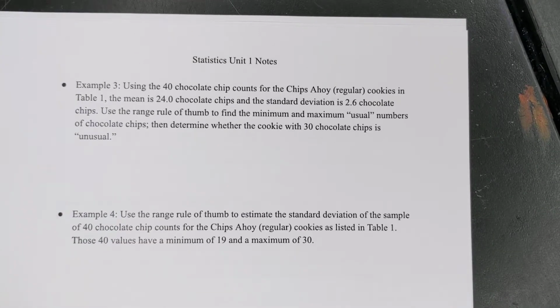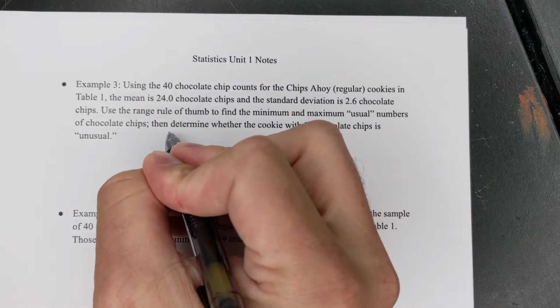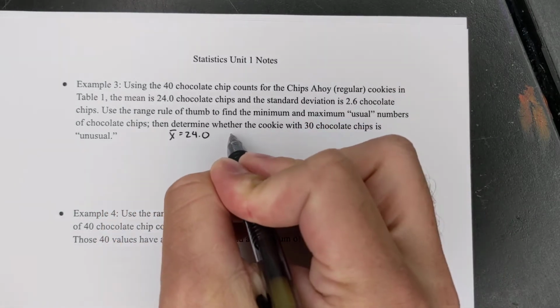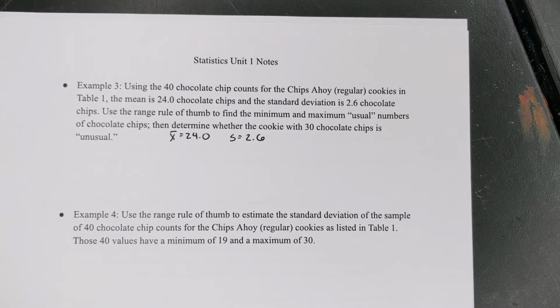Okay, so we got a couple examples. It says using the 40 chocolate chip counts from Chips Ahoy cookies in table 1, way back at the beginning of the chapter, the average is 24, so we're going to jot this down: x bar equals 24.0, and the standard deviation s is 2.6. Use the range rule of thumb to find the minimum and maximum usual numbers.